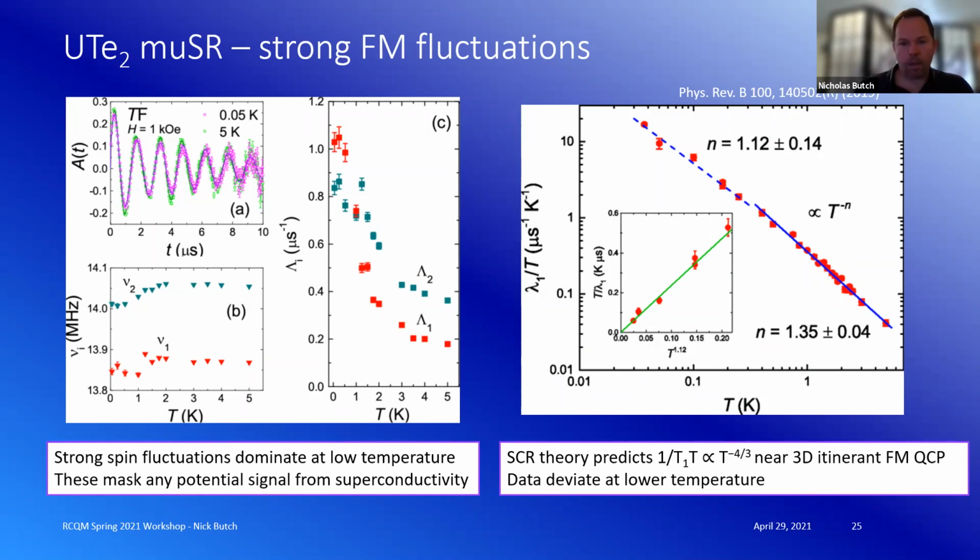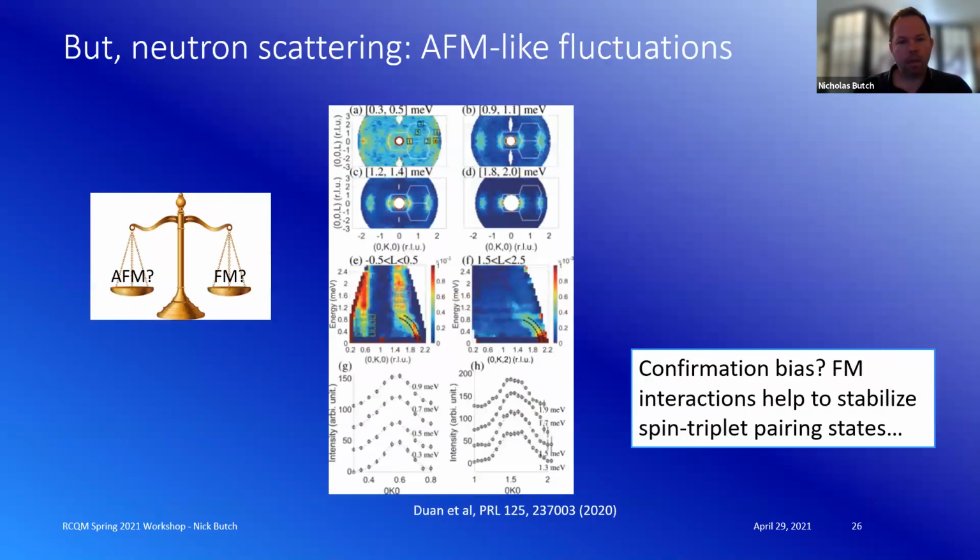Okay. And then there, of course, has been inelastic neutron scattering work done by the Rice group. Pengcheng's still around, so he can comment if he wishes. And the surprise is that there is scattering seen at finite momentum transfer.